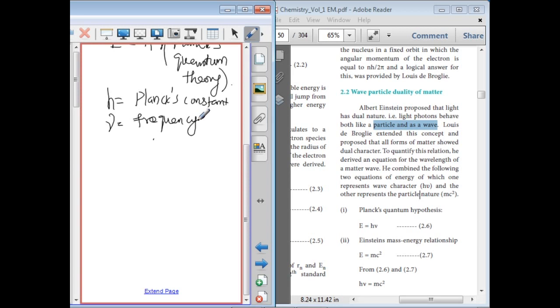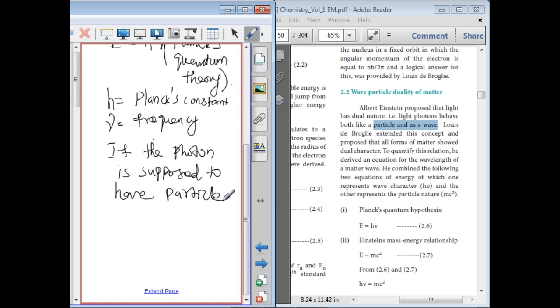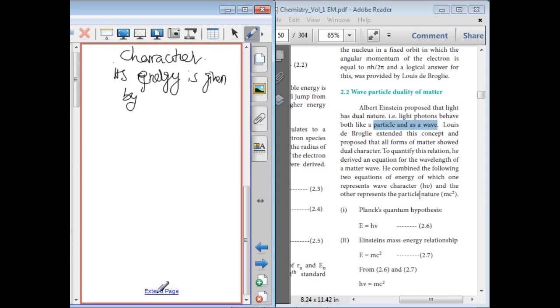If the photon is supposed to have particle character, its energy is given by Einstein's famous equation, E equals mc squared.